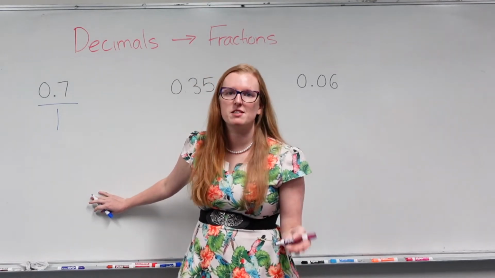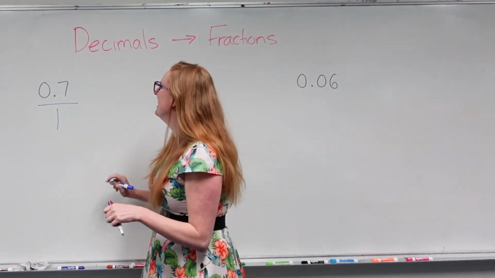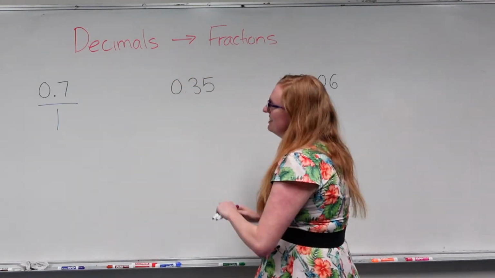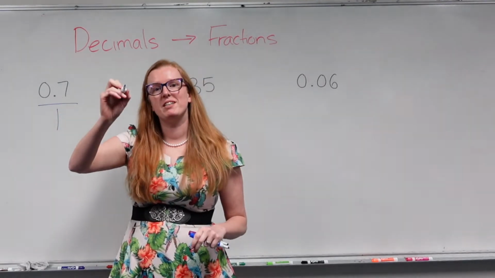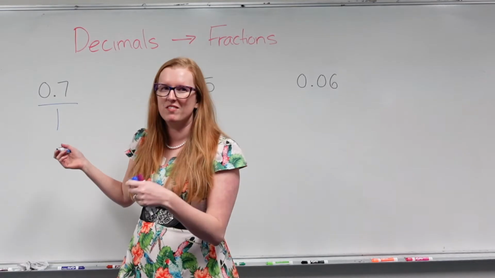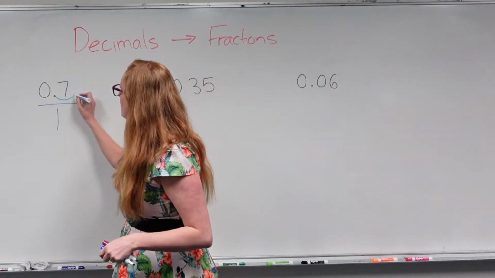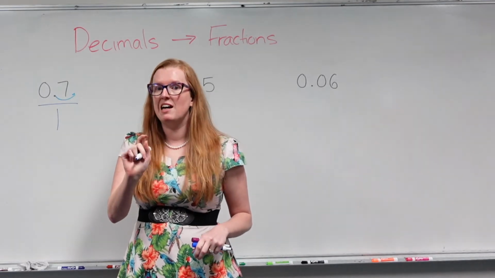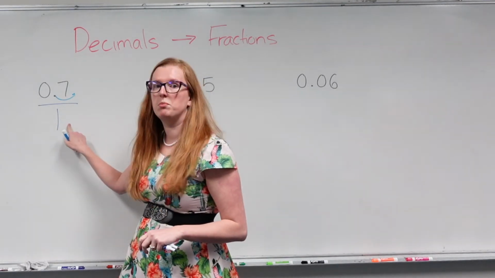No, you can't have decimals in a fraction, so I have to keep going. I'm going to get a different colour, and I'm going to move my decimal point out of my question. I don't want it in there anymore, I'm getting rid of it. So I moved it one spot, which means I need to add a 0 onto the bottom.